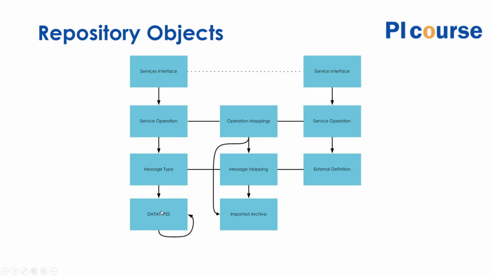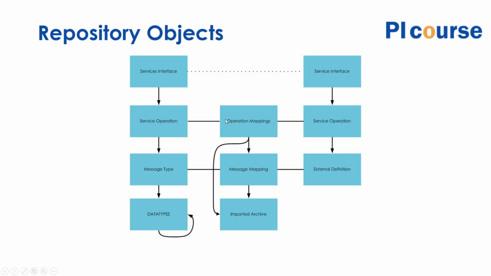And then you have data types that are also defined in the PI system. So this is PI's way of modifying messages. You could also use an external definition that would be either a WSDL or an XSD, and obviously sometimes you would have the DTD, but I haven't seen those for quite a few years, so I doubt you would get those. So this is XSD, and then you have conversion between these at the operation level.